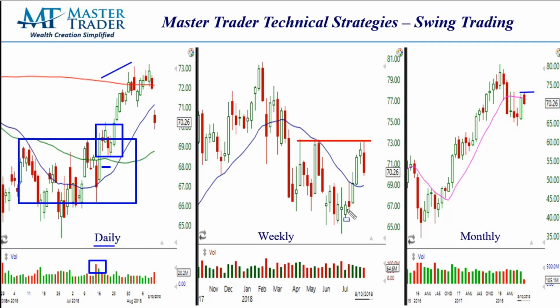The weekly came out of this support area down here and come up to resistance. Can this repair the damage? In other words, I need to see this now start going sideways and buyers start to come in. You know, the monthly did have a correction here.